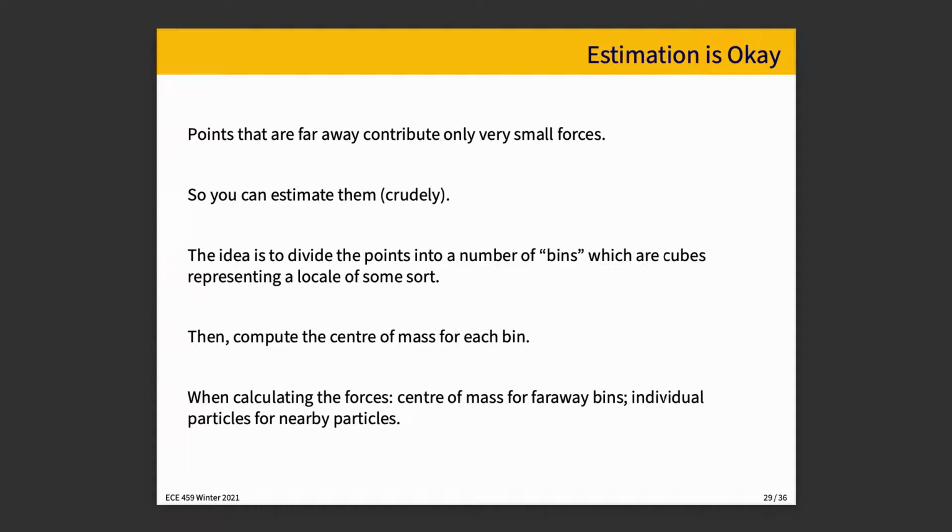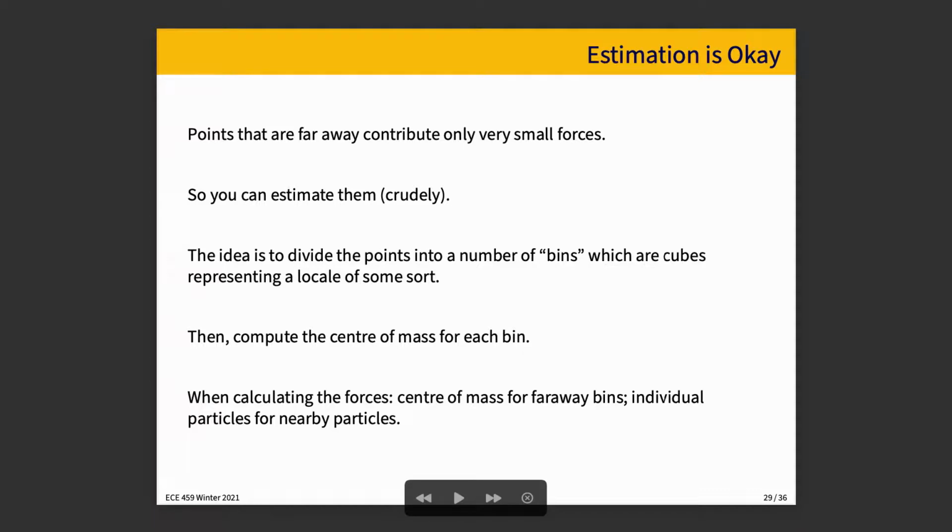And then when calculating the force on a particular particle, you can use the center of mass for bins that are far away, and you can use the individual particles for ones that are close by, and we get a reasonably accurate estimate as a result of this.